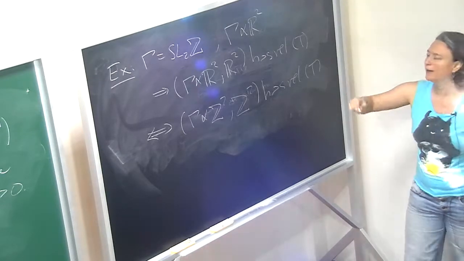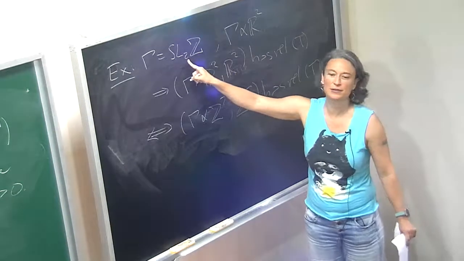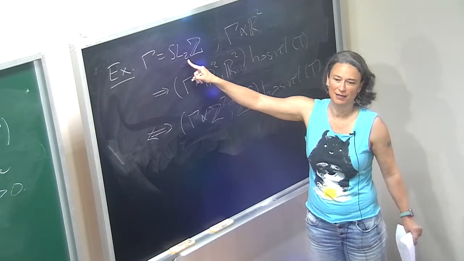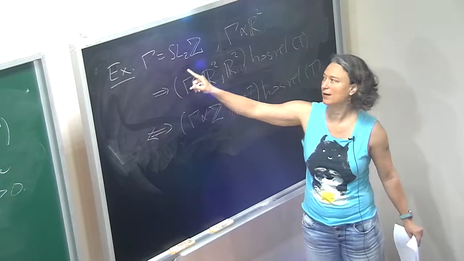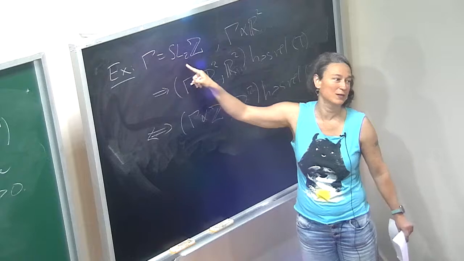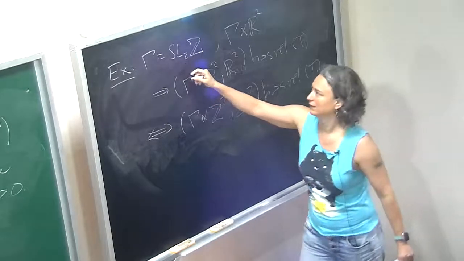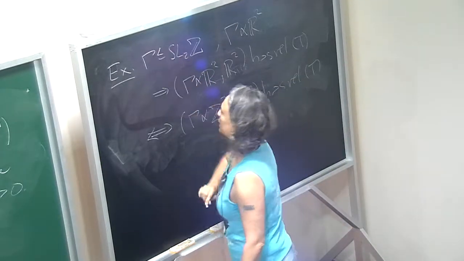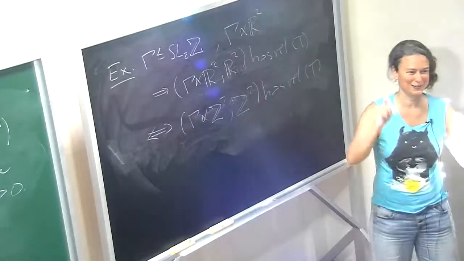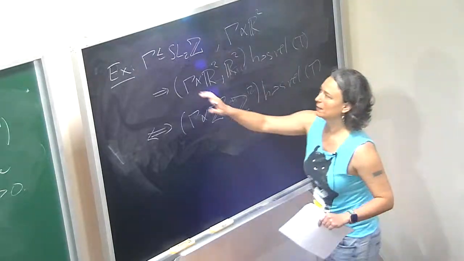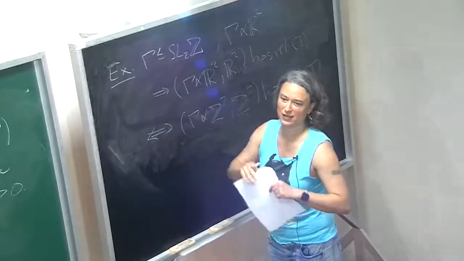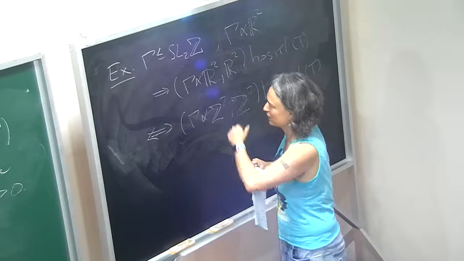But actually, the n equals 2 case is so small that I can get away with a lot less than gamma being SL_2(Z). I know I'm out of time, but let me just say one more word. I'm going to look at a subgroup now of SL_2(Z), or just any group mapping to such a subgroup.